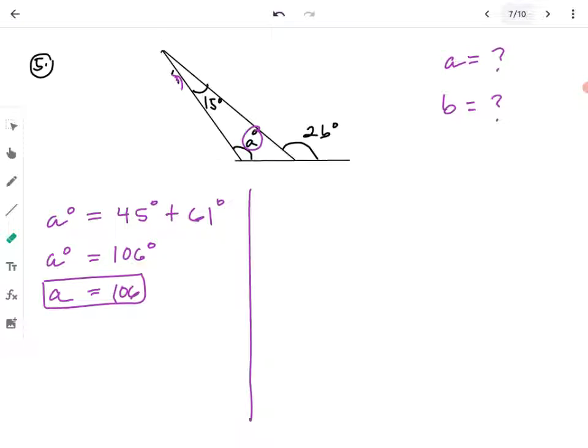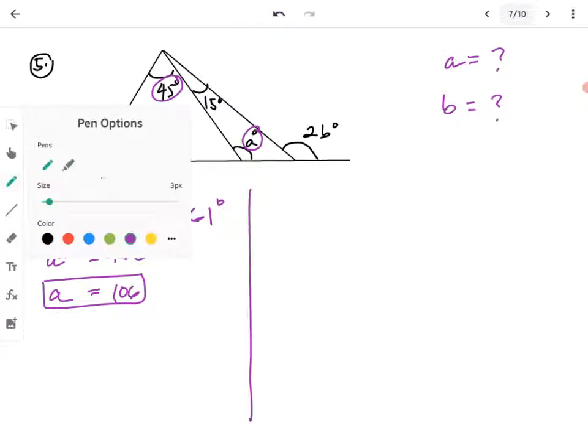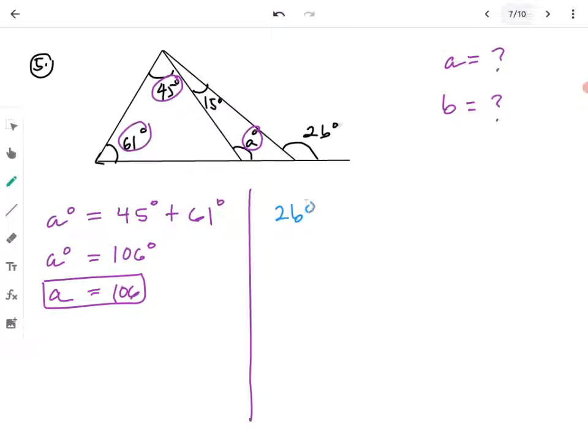So from that, we can say that the exterior angle 2B degrees is just equal to the A degrees plus 15 degrees.